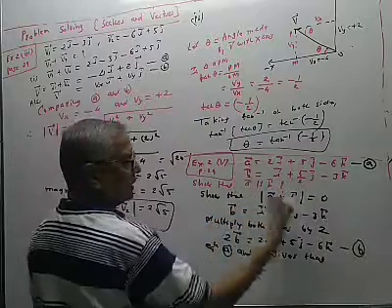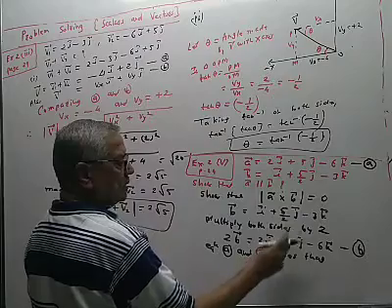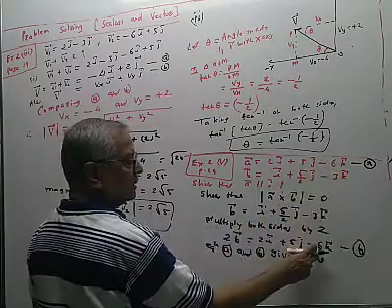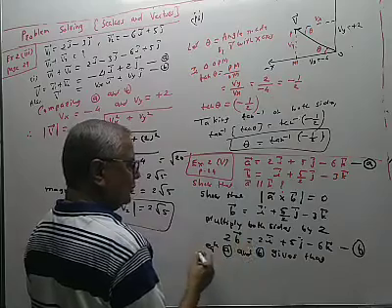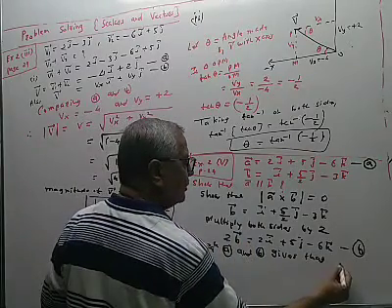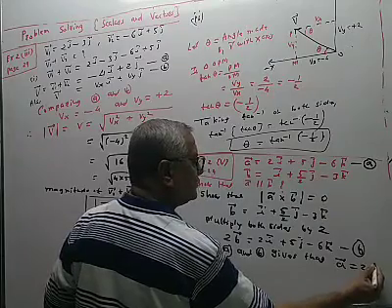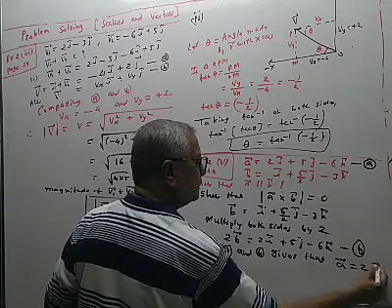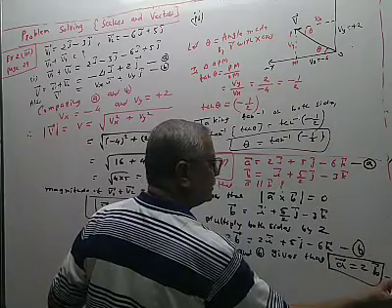Right hand side of equations A and B are same. 2 times I, 2 times I, 5 times J, 5 times J, minus 6 times K, minus 6 times K. So right hand sides are equal, therefore we can equate the left hand sides. So equations A and B give that vector A is equal to 2 times vector B. So this is equation C.